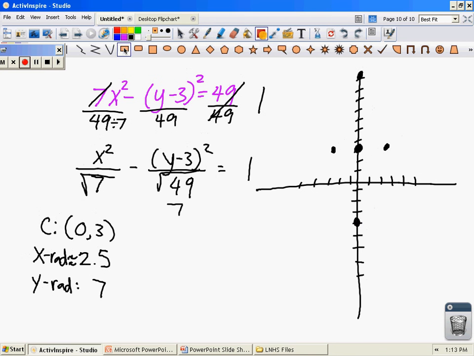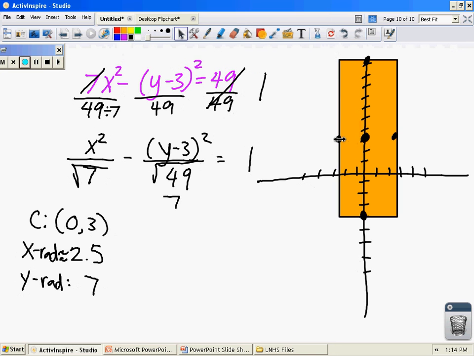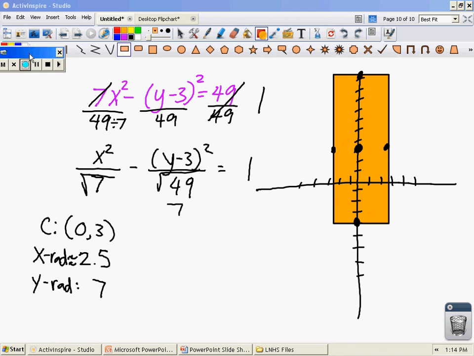What do I do at this point, guys? We make a box around the 4 points, right? Not an oval, but a box. And now what do we do? We draw our asymptotes, right?